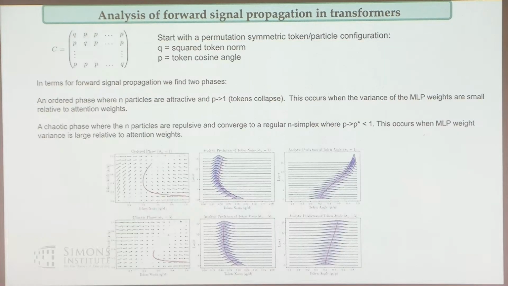So for that, let's look at this collapsed fixed point. I can linearize my theoretically derived recursion relation about this collapsed fixed point, okay? And I can look at the eigenvalues.